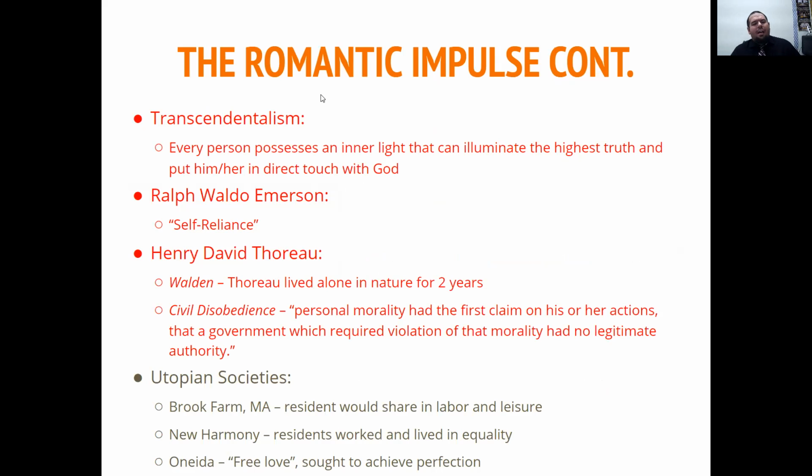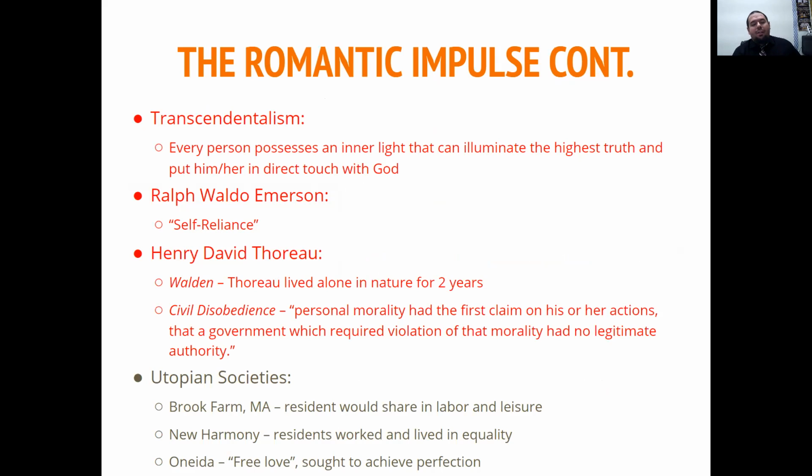So continuing on, you have some other beginnings. You have Transcendentalism, which is a movement where every person possessed an inner light that could illuminate the highest truth and put him or her in direct touch with God.